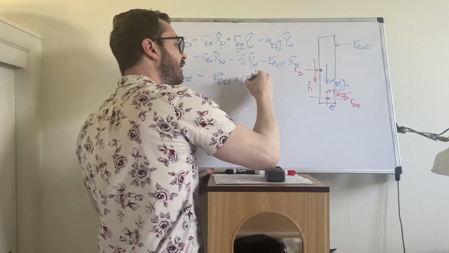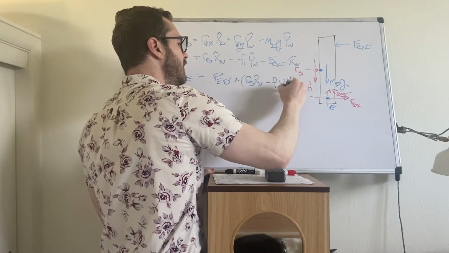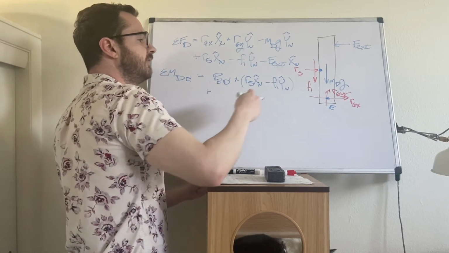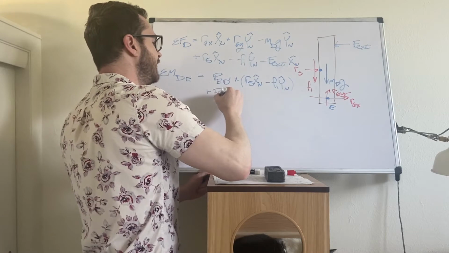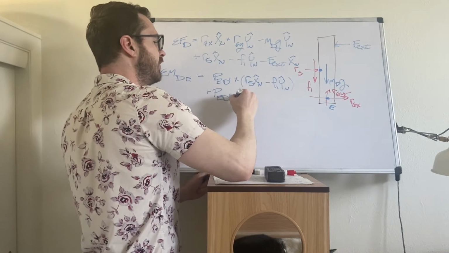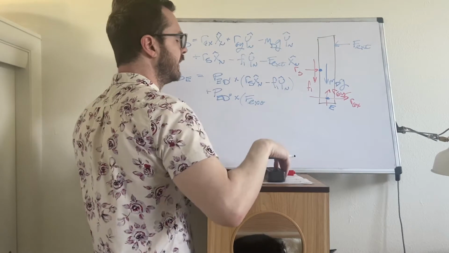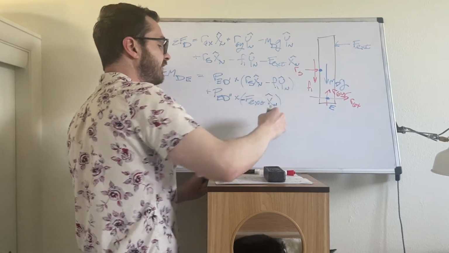R5 x hat in minus F1 y in, and then plus, we need the position vector from E to D double prime, and that's the external force, F external, minus F external x hat in.